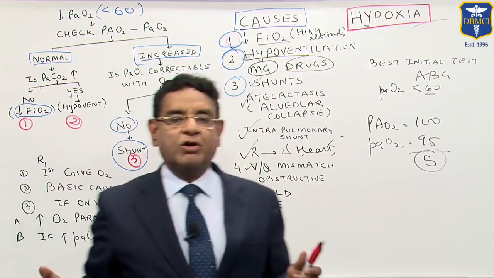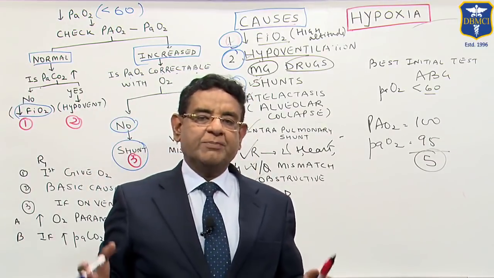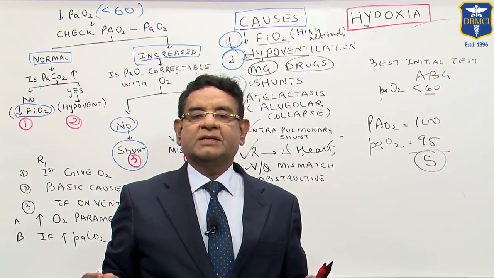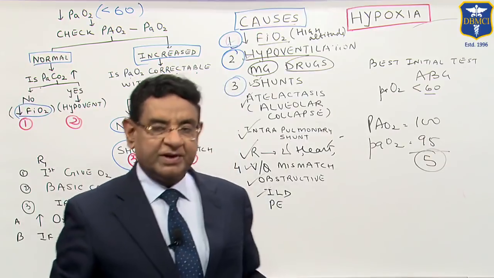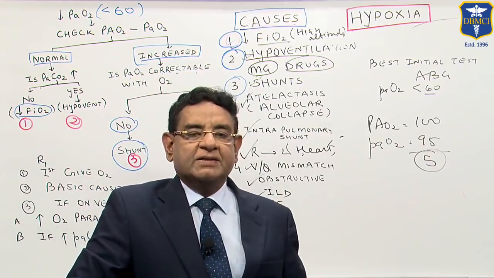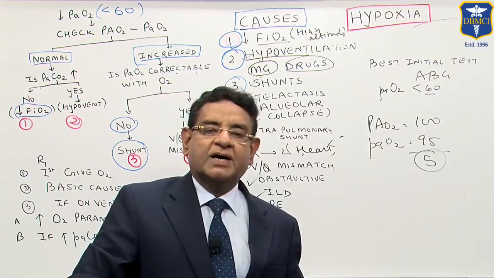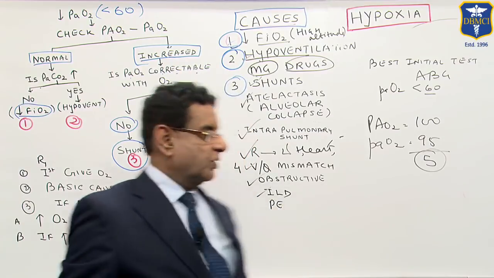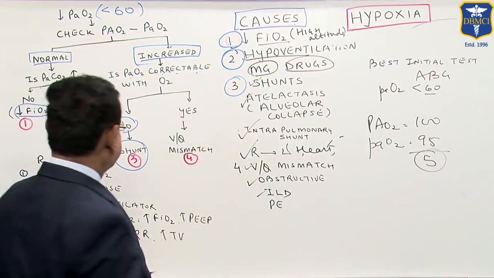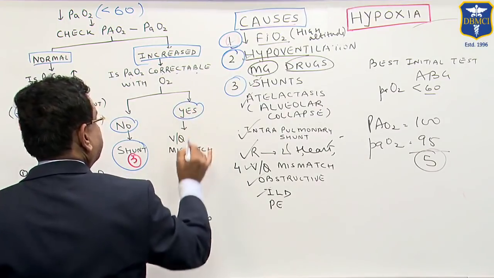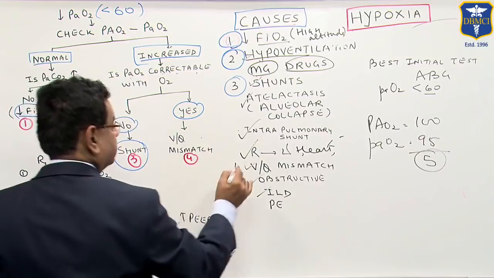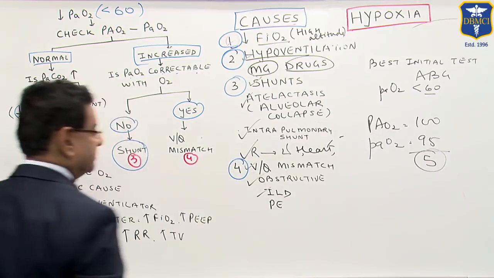Like in tetralogy of Fallot, you keep on giving oxygen, it doesn't have much benefit. The reason being, the blood is going directly from the right heart to the left side of the heart, so it is not correctable. If it is correctable, then it is VQ mismatch.